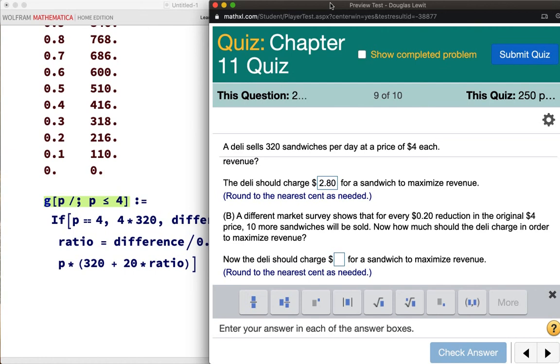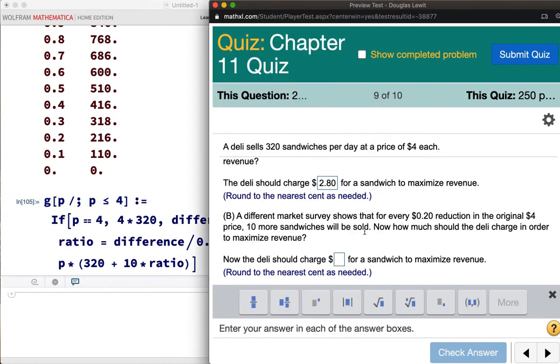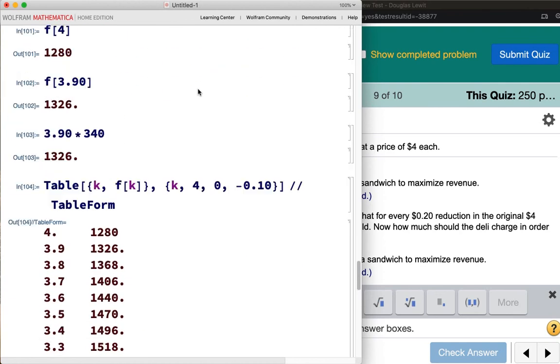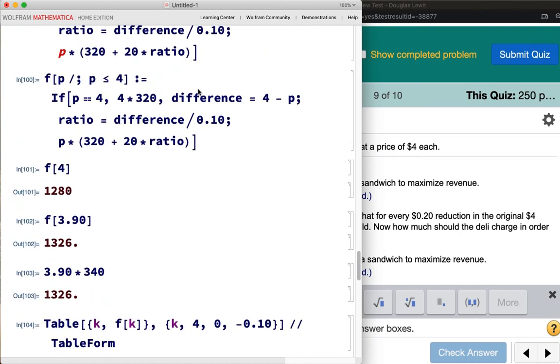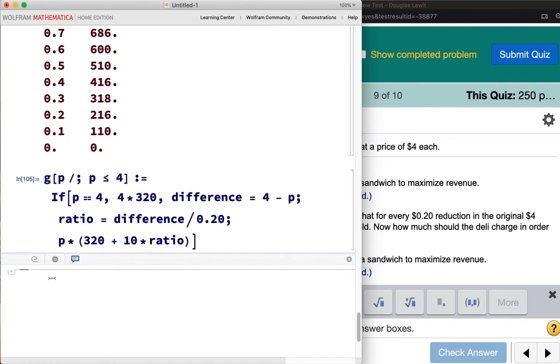So here we have to divide by 20 cents, and here this would be 10 this time instead of 20. Okay, so that's going to be our function G. 10 more sandwiches will be sold, whereas up here, it was 20 more sandwiches. So it's a very similar function.